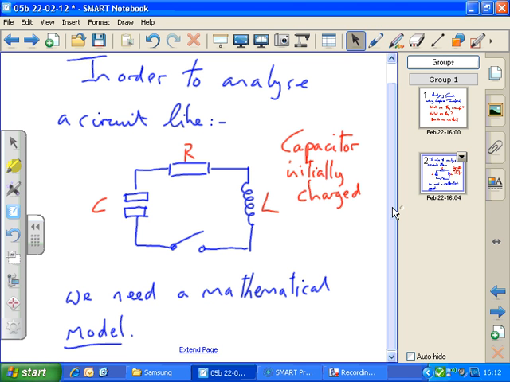So we put the capacitor and inductor and a resistor in a loop like that with a switch. We fully charge the capacitor by putting the supply across it, charging it up, then removing the supply, so the capacitor is just sitting there charged, waiting for you to close the switch, and then it will discharge.